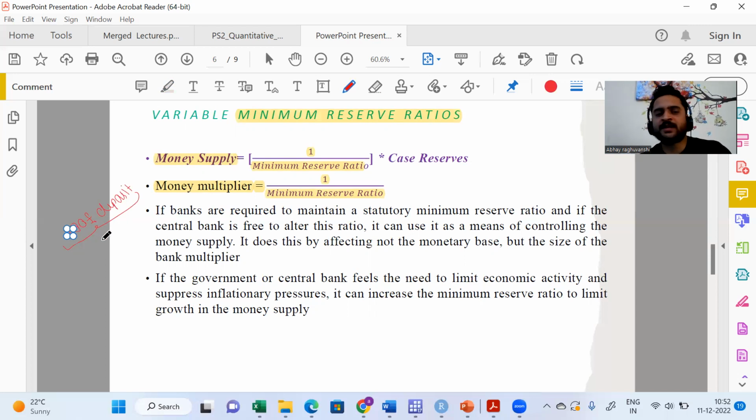To meet that requirement, the central bank asks the banking system to maintain a certain proportion of their deposits in the form of reserves, and that is called the minimum reserve ratio. By changing this ratio, the central bank can change the amount of money supply in the economy. We will take one example to understand how changing the minimum reserve ratio impacts the money supply.